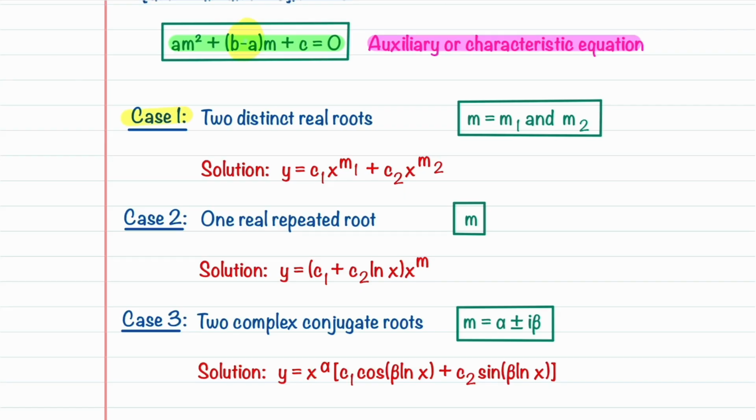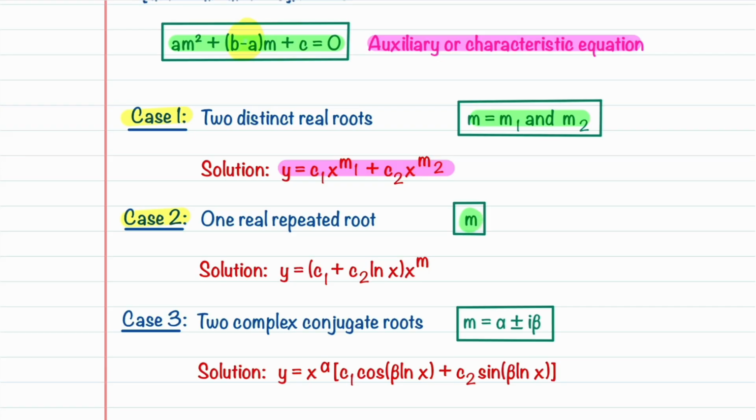The first type is when you have two distinct real roots, and we're going to call them m1 and m2. In this case, the solution to the equation is y is equal to c1x to the m1 plus c2x to the m2. Case 2 is when you have one repeated root, and we'll call that m.